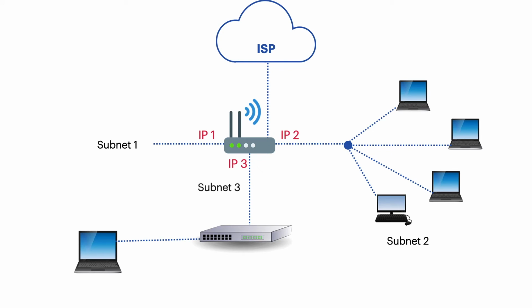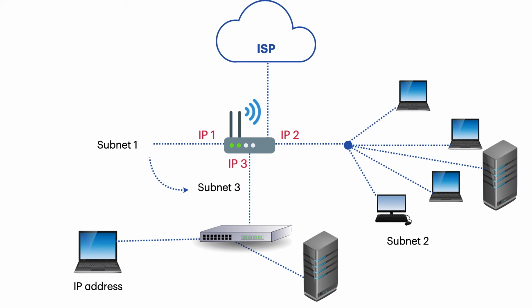So, a router can form multiple subnets and act as a middleman if data needs to be routed from one subnet to another subnet. Now, to access the internet, your laptop needs an IP address, and this is provided by the DHCP server. The DHCP server can be present in the same subnet or it may be present in another subnet as well.